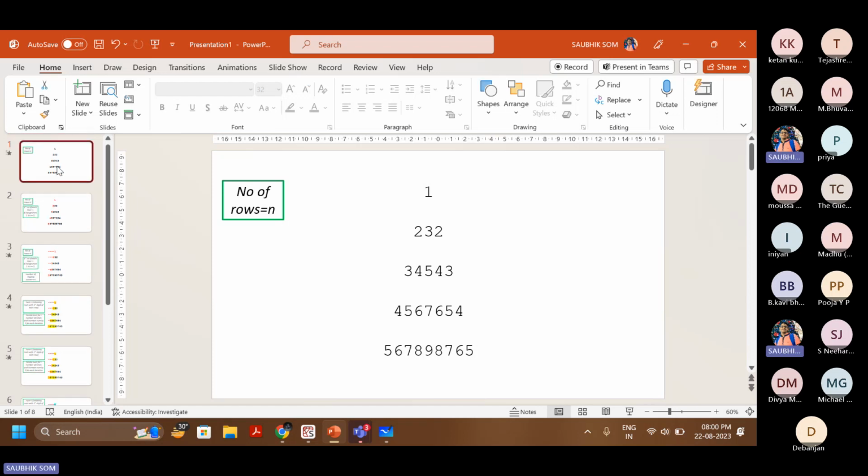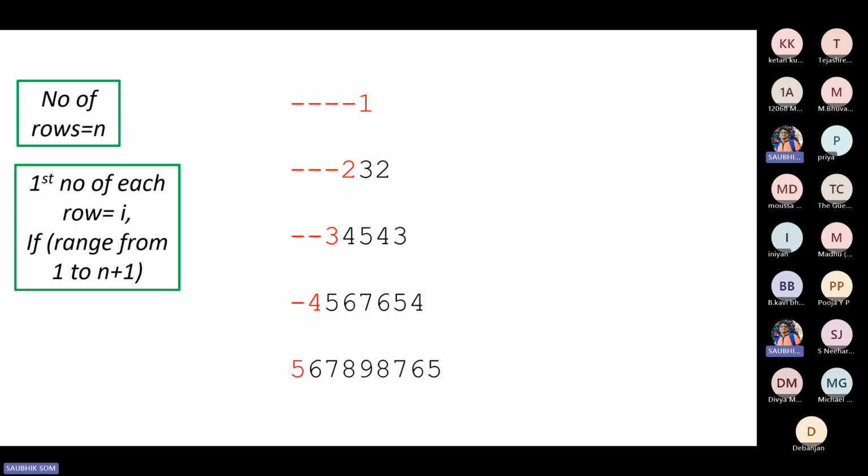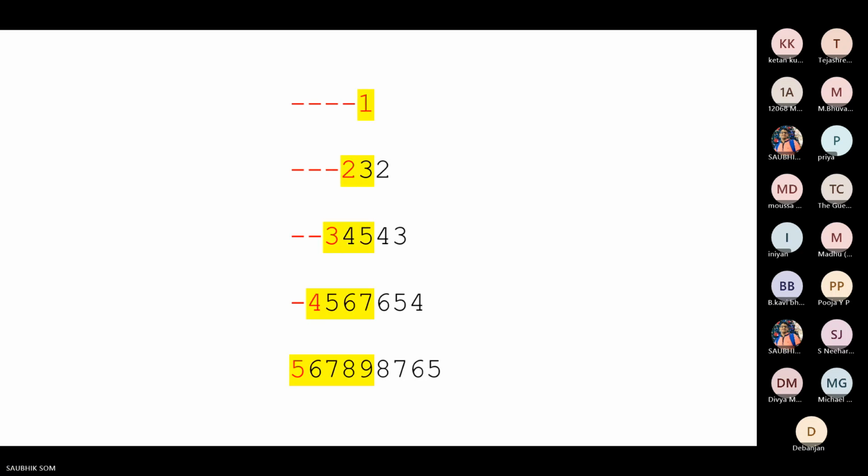So what we had done, we first divided what are the structures. The number of rows was n. Then we see that the first number of each row is basically the row number, that is equal to I. Then the spaces were n minus I. Then we see the increasing number.